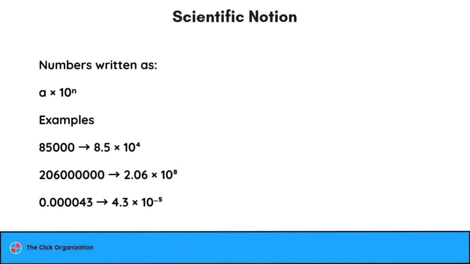For example, 85,000 can be written as 8.5 times 10 to the power of 4. 206 million becomes 2.06 times 10 to the power of 8. And 0.000043 becomes 4.3 times 10 to the power of -5.